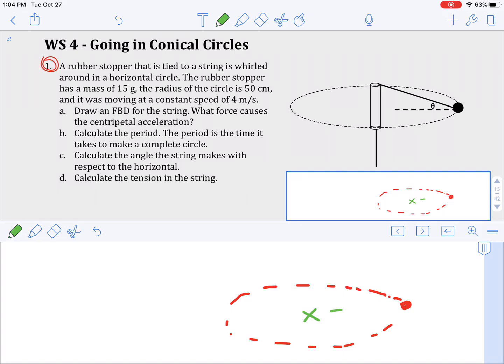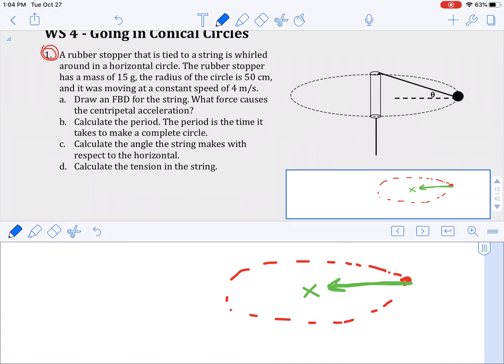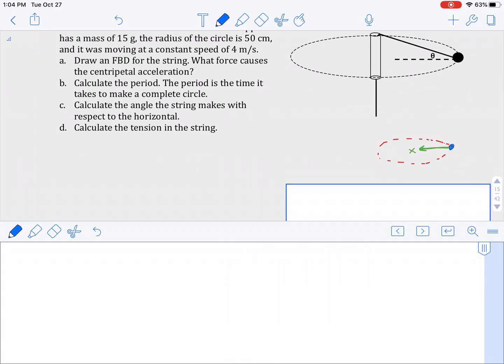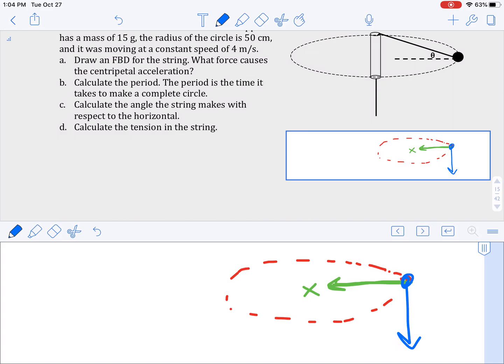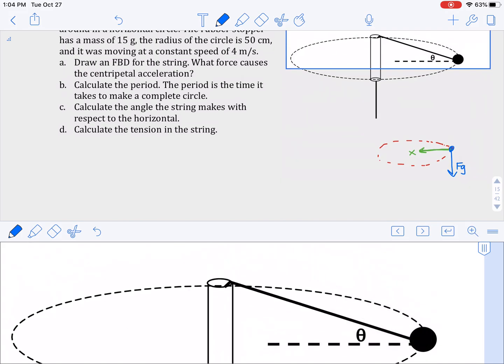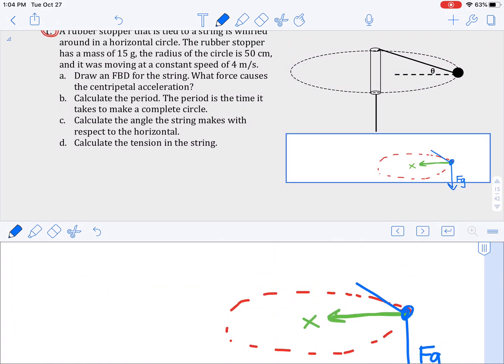So I know I'm going to have some sort of force that points radially inward here. And I know there's going to be a force of gravity on my FBD. And I also know my force of tension is going to be along the string.